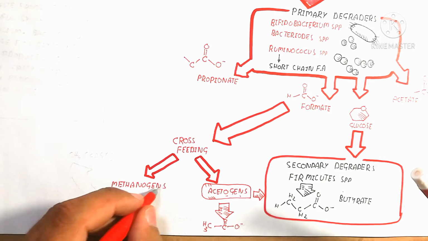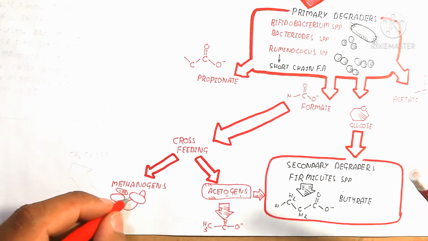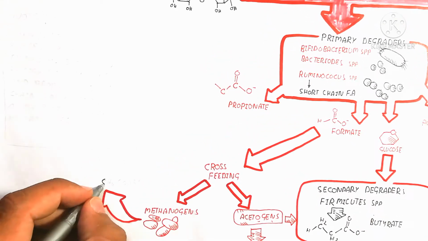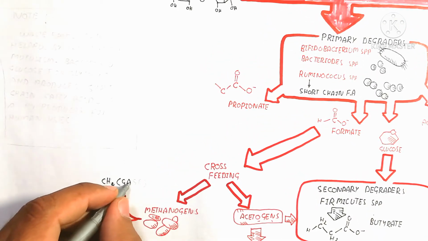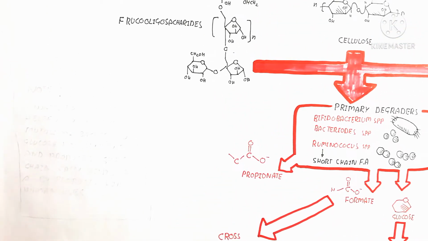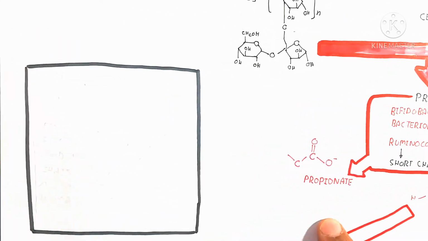On the other hand, the methanogens are methane-producing bacteria which produce methane gas, and this gas is the character of the gas during a fart, which is due to methane gas production.